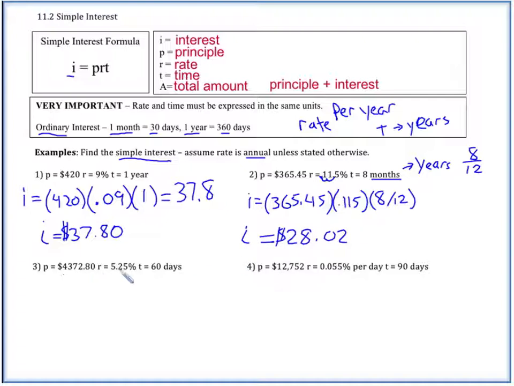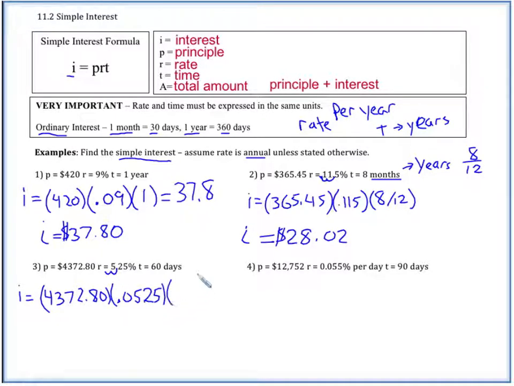Alright, so let's go ahead and set this one up together. So we were looking for interest, and the principal is 4372.80. We'll put that in parentheses. The rate is 0.0525. So again, just move this 2 to the left, and we do get 0.0525.